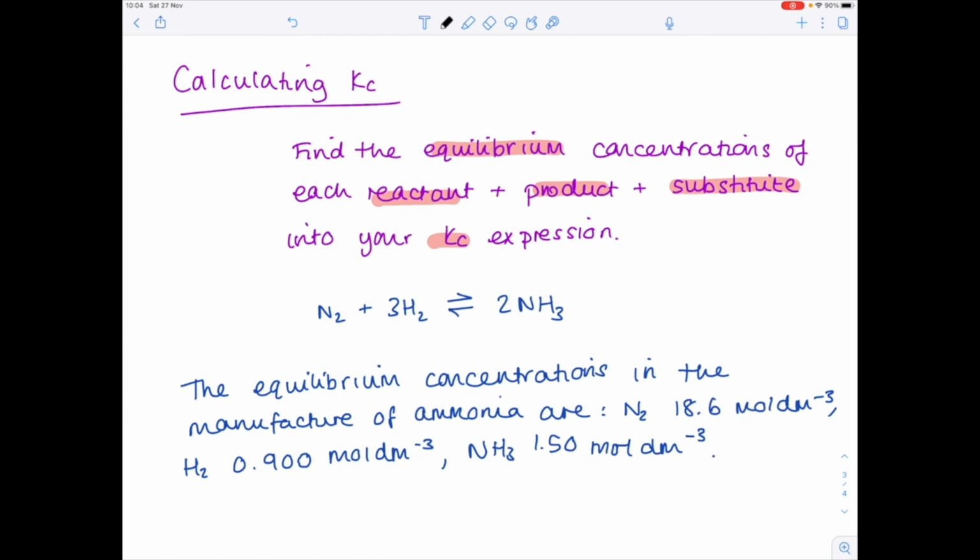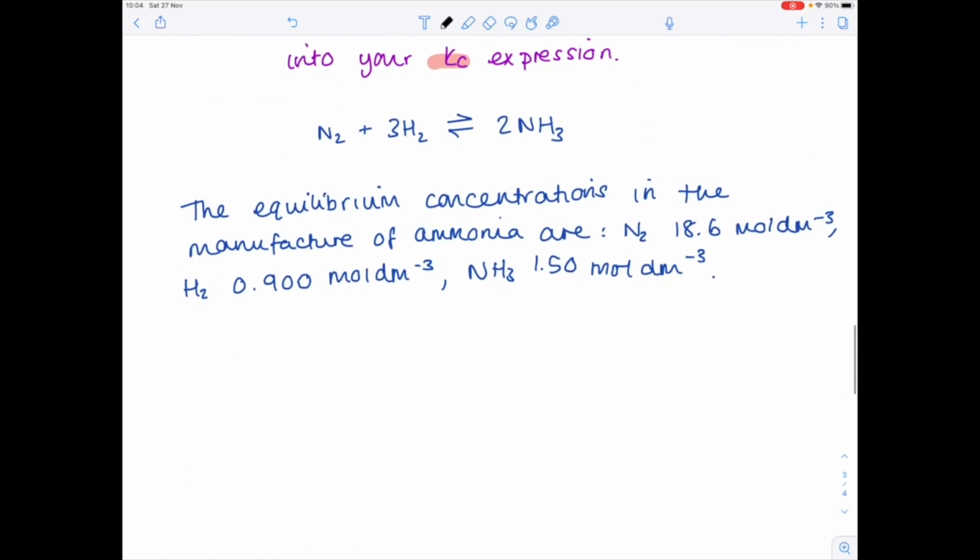So here we have the Haber process again, and we've been told that the equilibrium concentrations in the manufacture of ammonia are the following: so nitrogen 18.6 mol dm^-3, hydrogen 0.9 and ammonia 1.5. So let's write our expression for Kc again. It's good practice. So there's the concentration of ammonia, concentration of nitrogen, and then hydrogen.